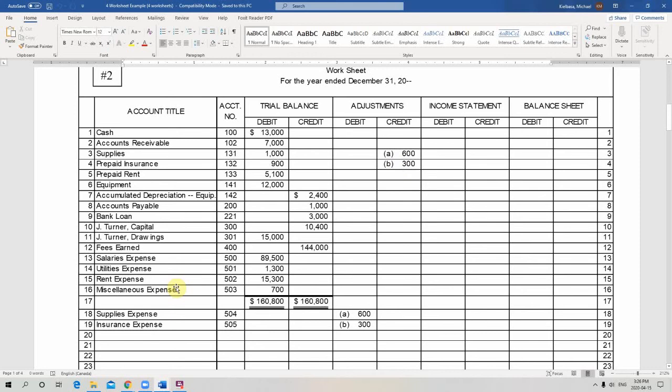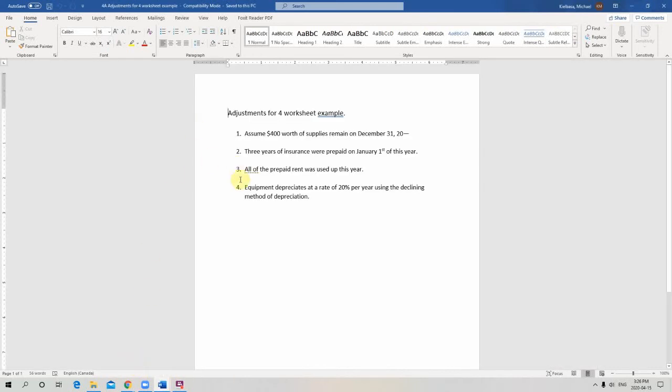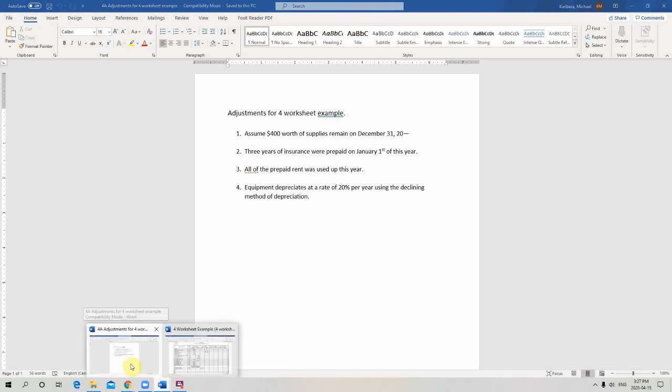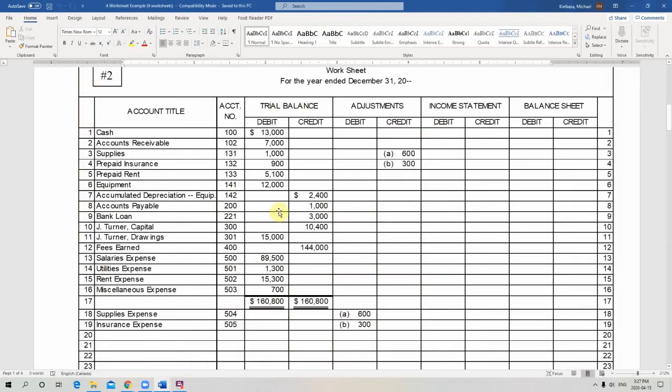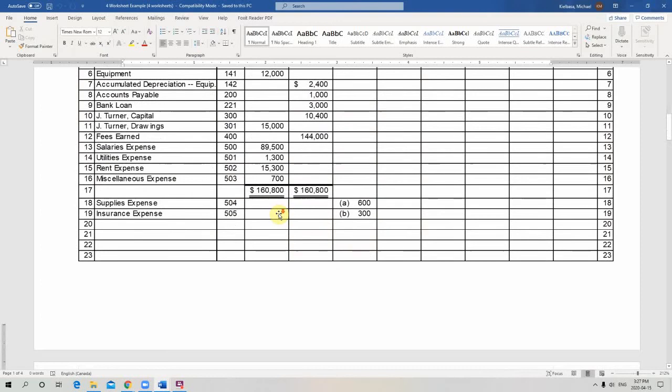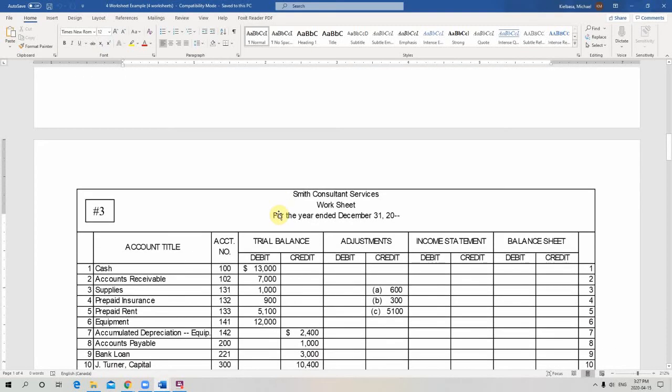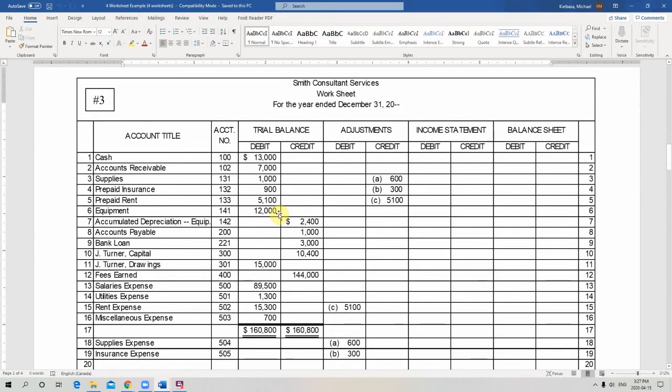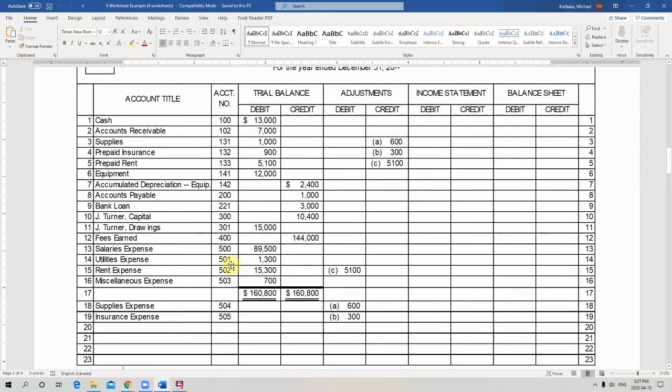All right, so going back to our next adjustment. The next adjustment is that all of the prepaid rent was used up this year. So if we go back and check our third worksheet, you'll see that rent expense, which is in our list, so we'll just use it.